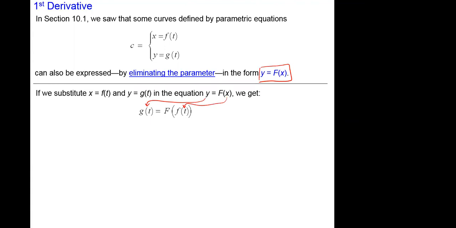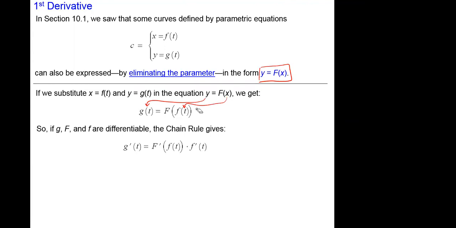And I will take this equation and differentiate it, of course, using the chain rule. That means the derivative of g of t will be g prime with respect to t. Derivative of f of t, applying the chain rule, I have the derivative of f with respect to the inner function times the derivative of the inner function. We remember the chain rule, of course.